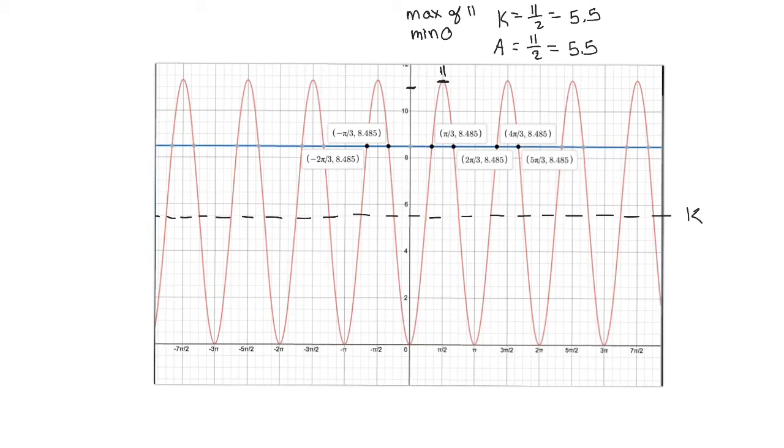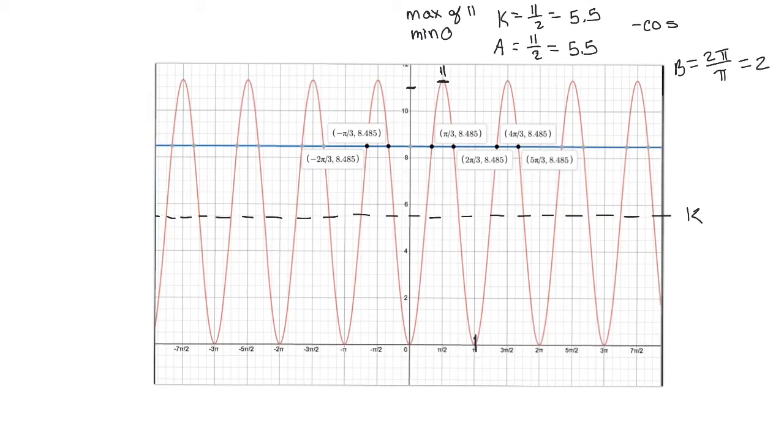And then finally, in terms of the y-intercept, it starts at the minimum, so this is going to be negative cosine. And it repeats itself within pi, so our b value is 2 pi divided by pi, or 2.